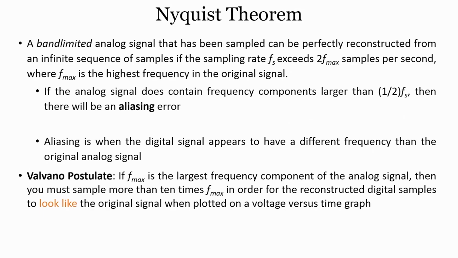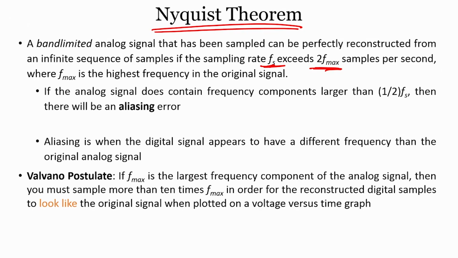So, Nyquist theorem. Now, this is again very important. A band limited analog signal that has been sampled can be perfectly reconstructed from an infinite sequence of samples if the sample rate Fs exceeds 2 Fx samples per second, where Fx is the highest frequency of the original signal. So, what it says is that for an analog signal that has been sampled, if you want to perfectly reconstruct it, you should have a sampling rate which exceeds 2 times f max, where f max is the highest frequency of the original signal.